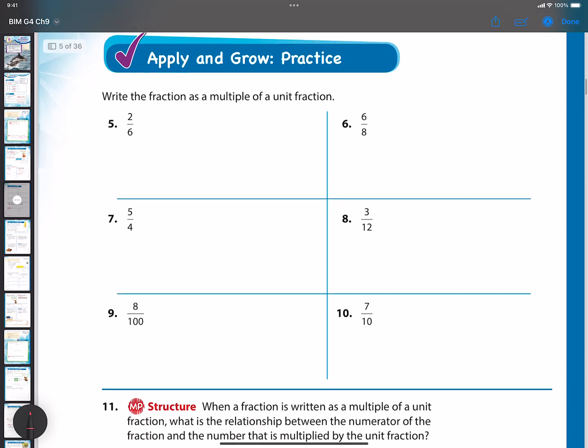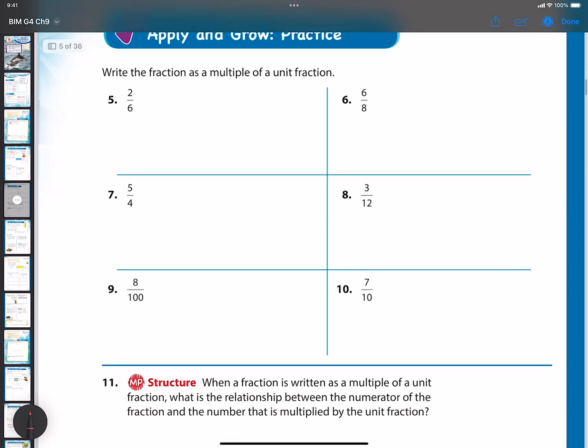All right, number 5. Write the fraction as a multiple of a unit fraction. Now it's going to be easier, right? 2 times 1/6. Yay! This is 6 times 1/8. Oh, I forgot, but you're supposed to pause the video and solve these problems by yourself. It might take about 30 seconds.